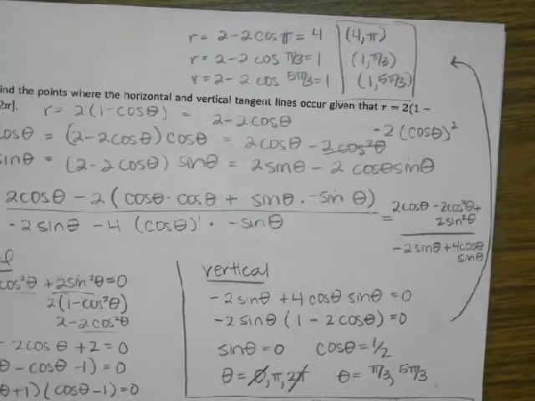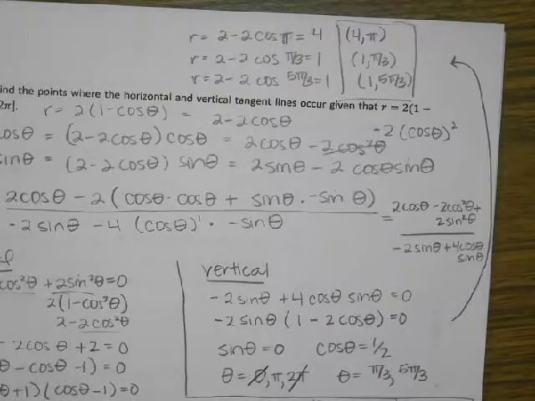Okay, so big picture. What's the process for these problems? What do we do first? You write down your parametric equations, what your x is, what your y is. Then you find the derivative dy/dx, and we're probably going to have to use the product rule somewhere in there.